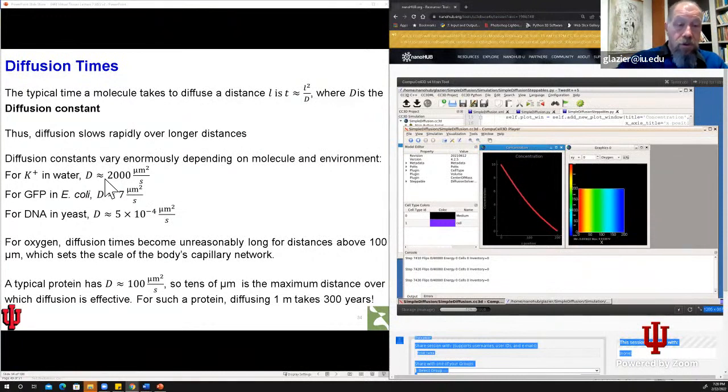The value of the diffusion constant in biology depends enormously on how big the molecule is and what it is. And this is a problem when you're modeling, because dealing with different time scales in the same model is difficult. In our world, typically, if we have a very small ion like potassium or sodium in water, this diffuses 2,000 microns squared per second.